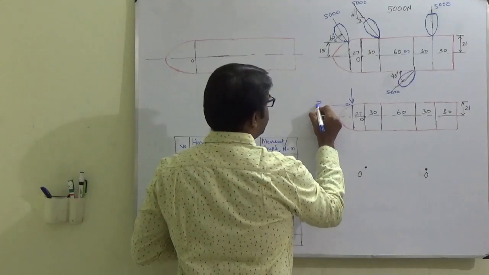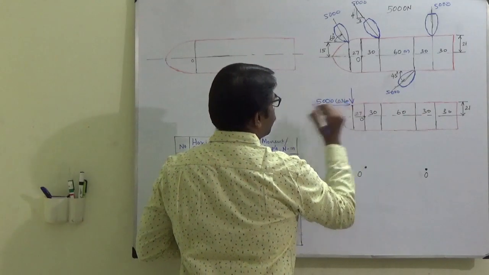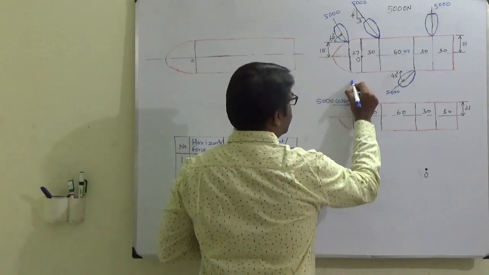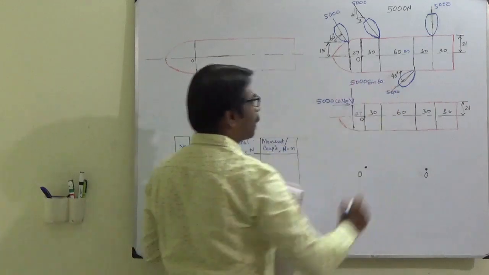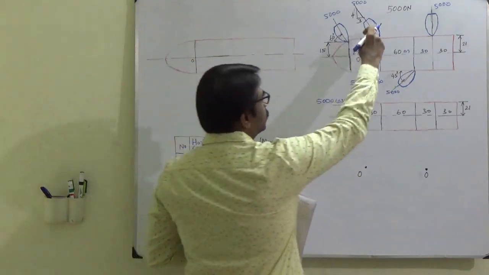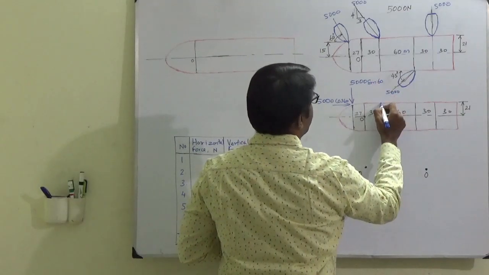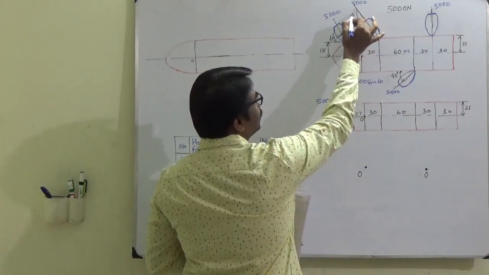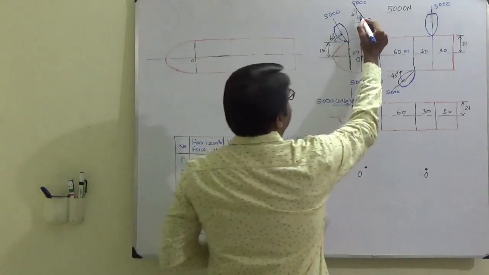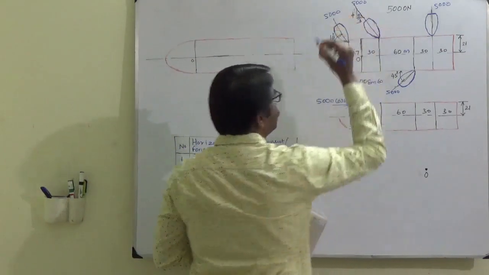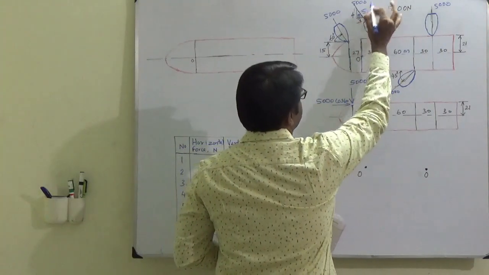So, 5000 cos 60, 5000 sin 60. This one is here. Okay. And what is this? It represents the inclination. Okay. And if this is theta, right, and the hypotenuse is 5.